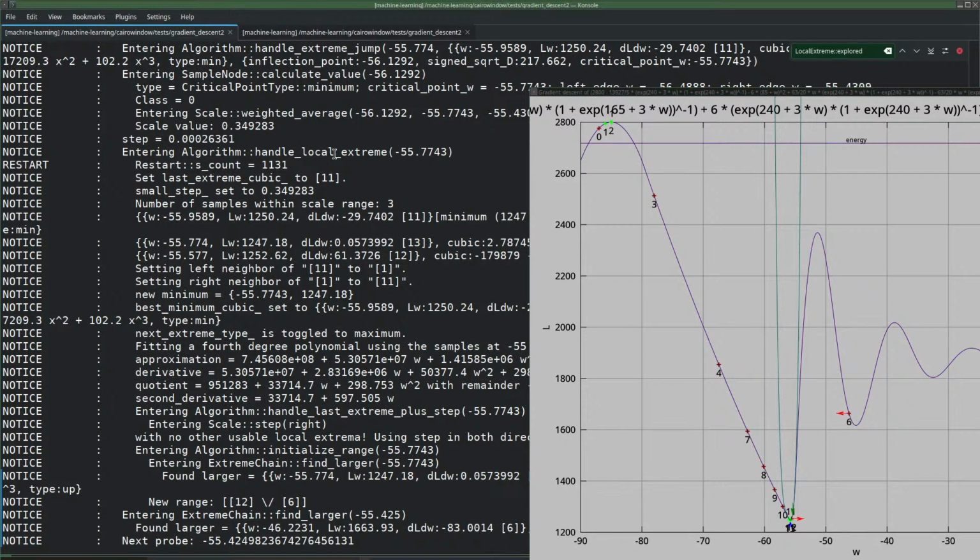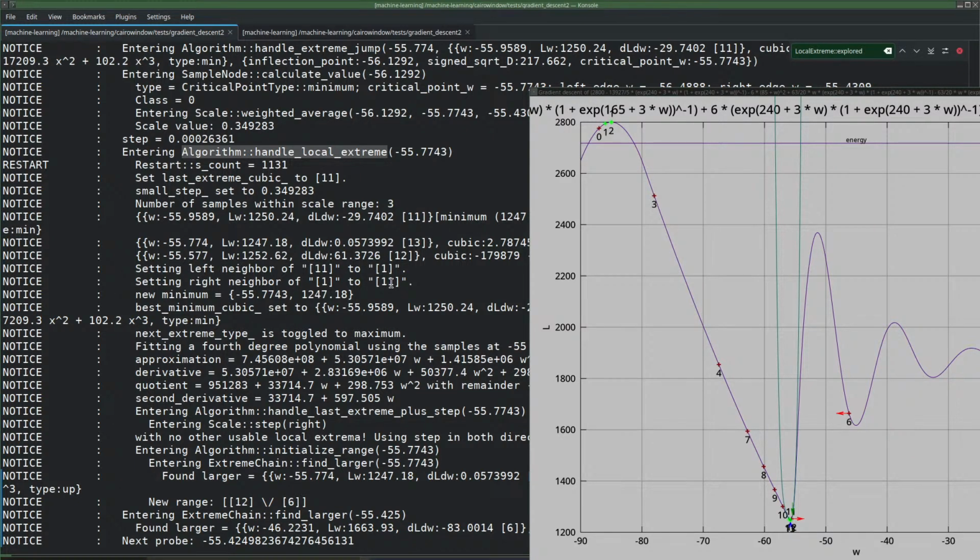So it's detected as local extreme. And then nothing. Yeah, wait a minute, this is done. So I think left neighbor of 11 to 1. Do we even know that the neighbor is there?